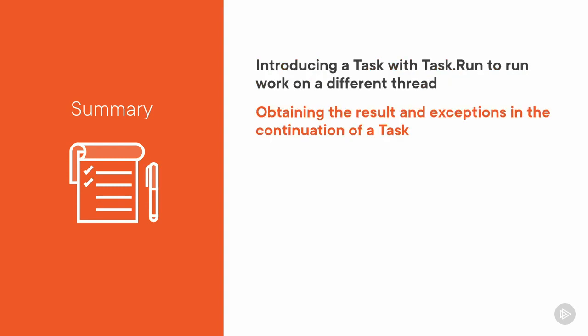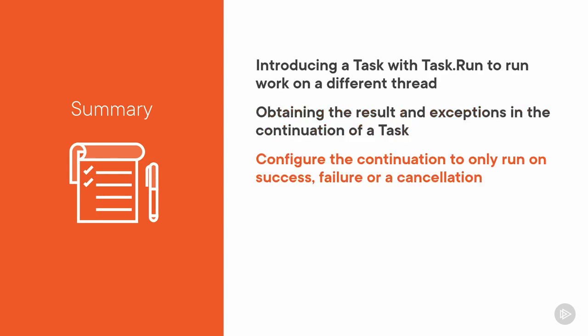Then we explored how to get the result or potential exceptions from a task by introducing a continuation. This gives us the capability to indicate that the continuation should be executed only when the task ran to completion. You could also say that it should only run if there was an exception or cancellation.